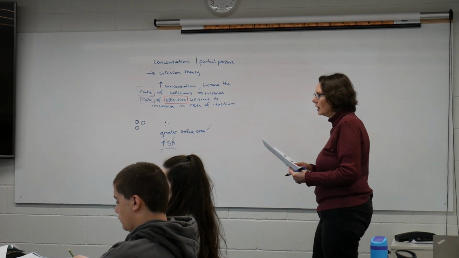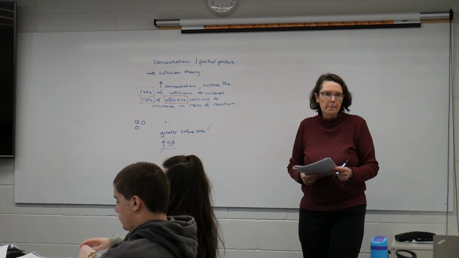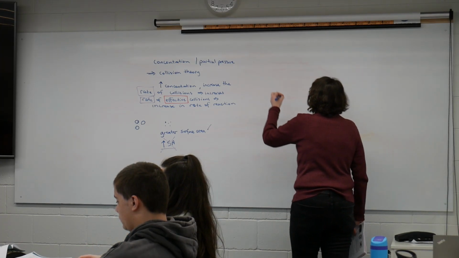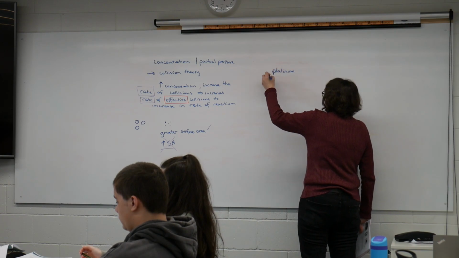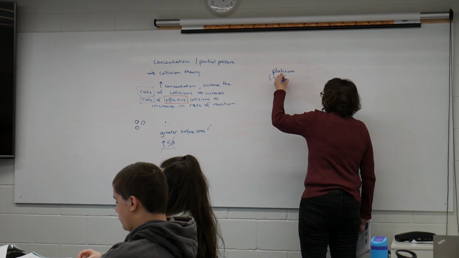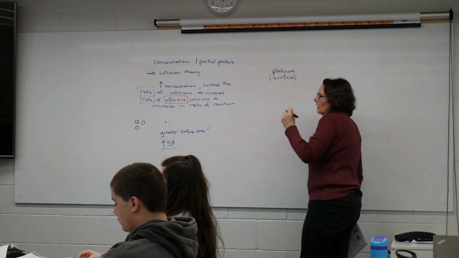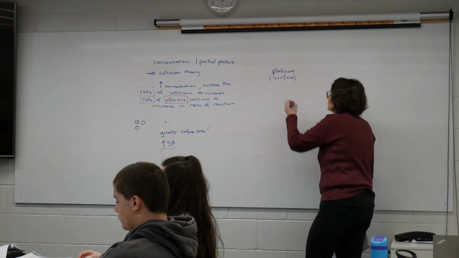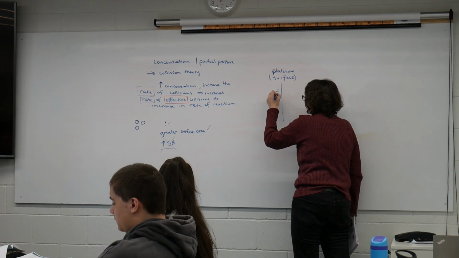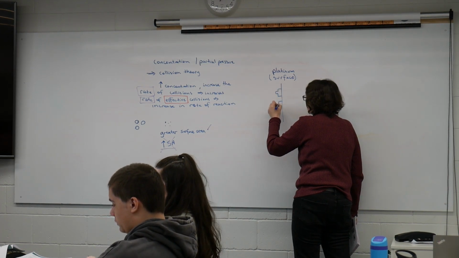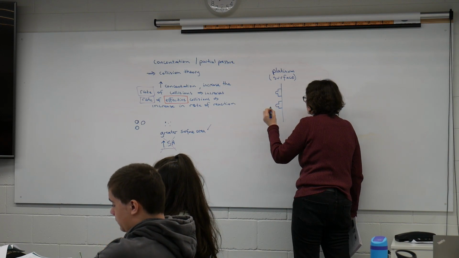And a common inorganic catalyst is platinum. So you might see the use of platinum, which is often as a surface. And this makes sure that the orientation of whatever it is that we're reacting, so think of it as jigsaw puzzles again.